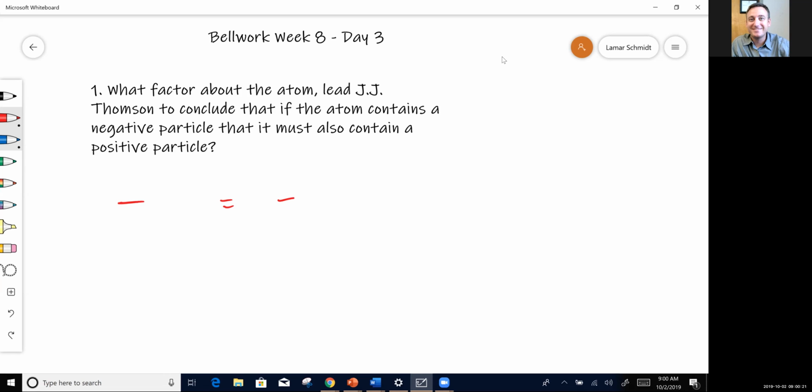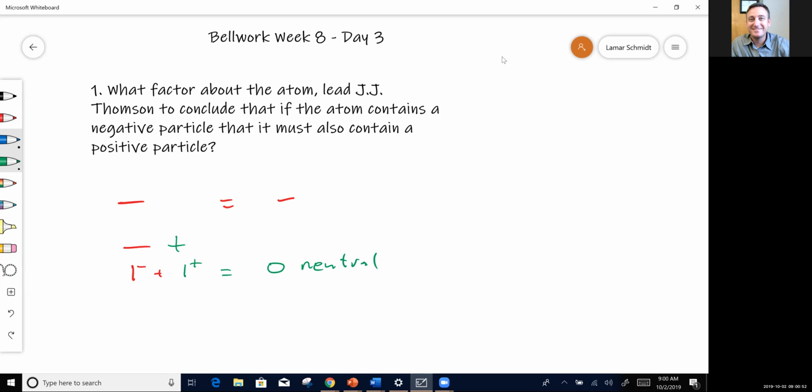So what you have is a negative and also a positive. And so when you have a negative and a positive, they will cancel each other out. For instance, if you had 1 minus, and you also had plus 1 positive, well, your answer is going to be 0, or what we say neutral.